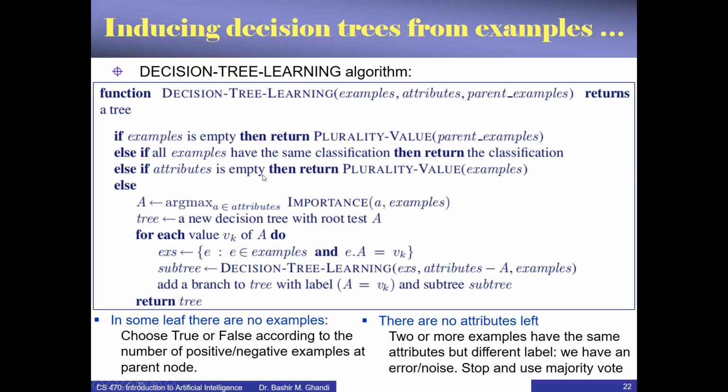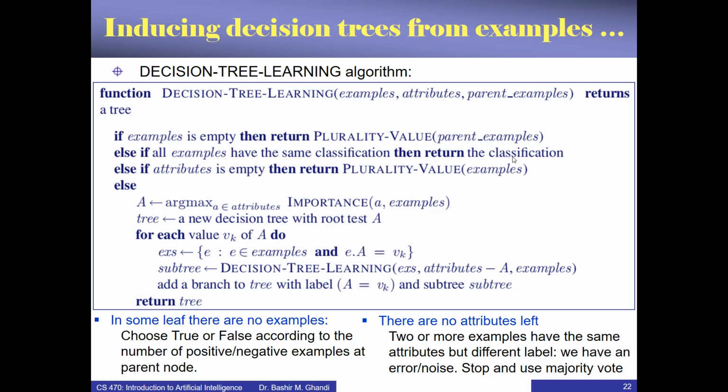Okay. Now there are actually 4 cases to consider in this algorithm. 2 of them are typical, and 2 of them are special cases. I will start by looking at the typical cases. So the first case is the second one here. Say if all examples have the same classification, then return the classification.